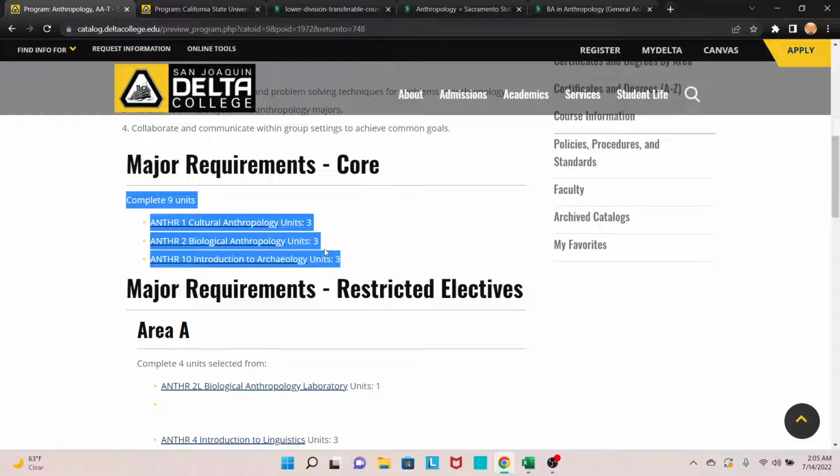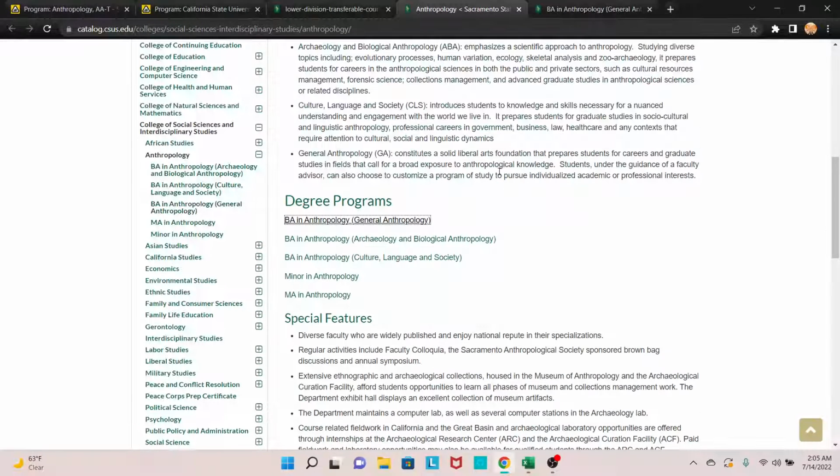If we look at a business degree, for example, the business degree I actually graduated with, the AST associated with it at Delta was lined up perfectly with the exception of one class, where the associate's degree did not have a computer science requirement. Stanislaus State wanted a computer science requirement, so I had to take CS11, which was a little bit of a bummer, but that's why it's always good to look through these degrees and programs.